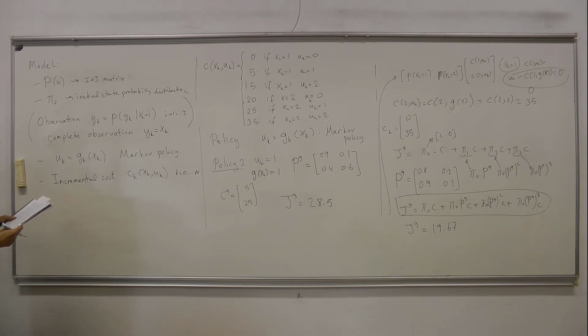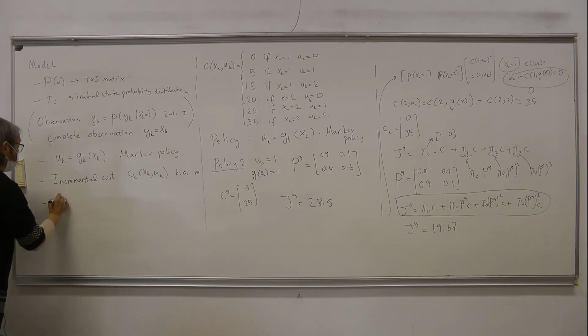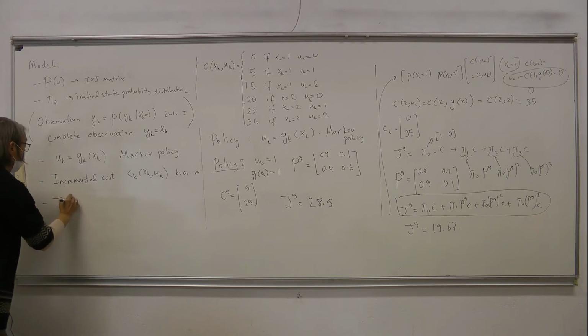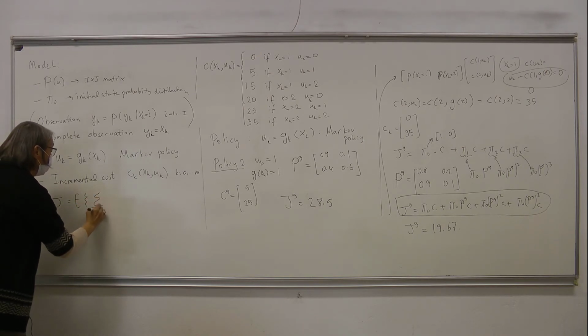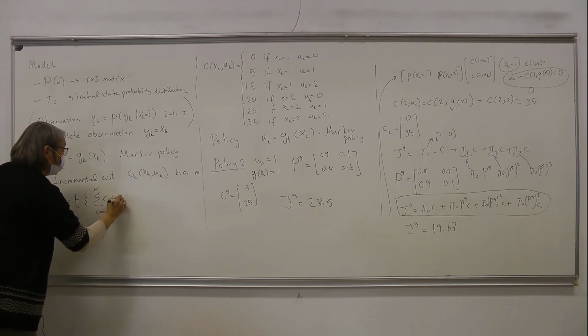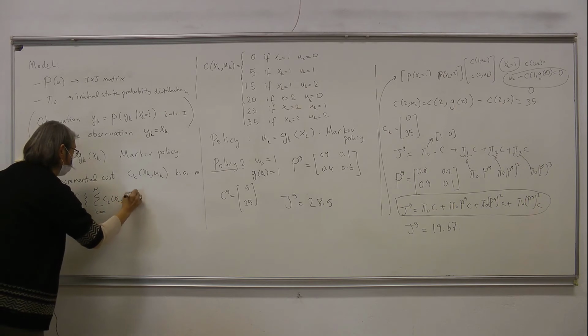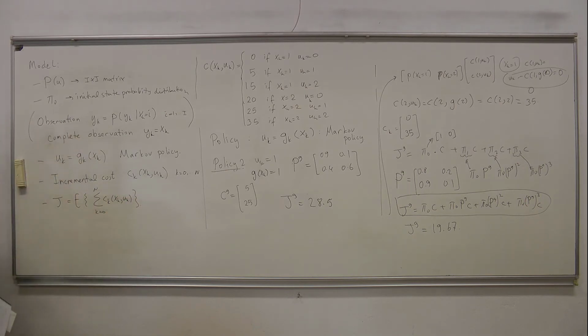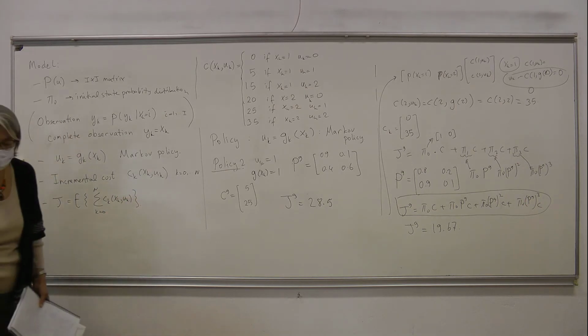And then the objective function is as before. It is J, which is equal to the expected value of the summation k from 0 to n of c sub k of xk and uk. So that is our model. We will work with this model.